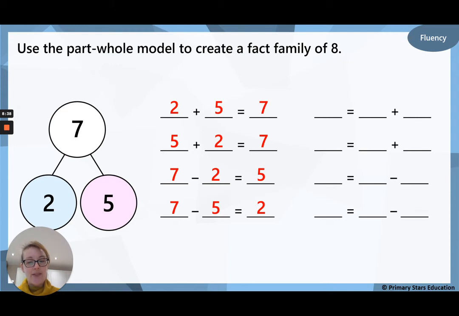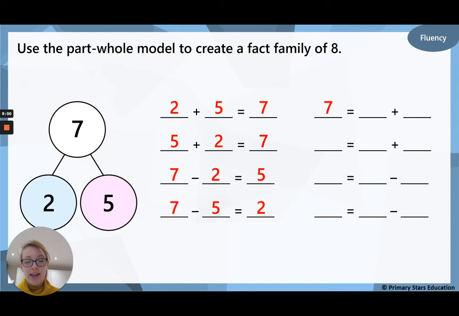Okay, so now the tricky part, we're going to see if we can swap all of these number sentences around to create 4 new number sentences. So instead of 2 plus 5 is equal to 7, how could we swap that whole number sentence around to write it in a different way? Have a little think. And let's have a look.